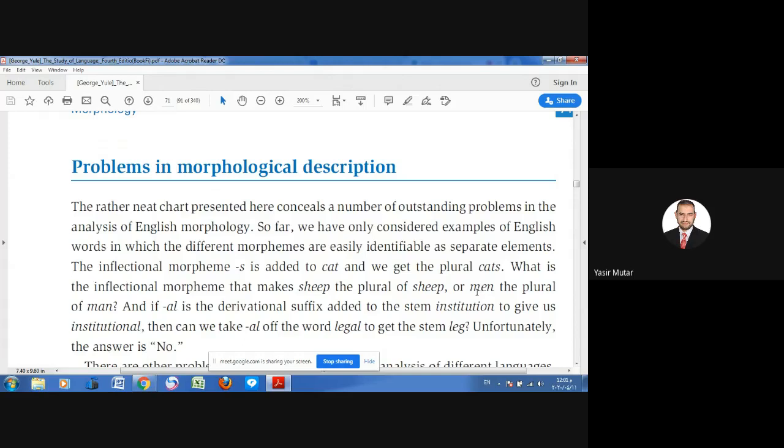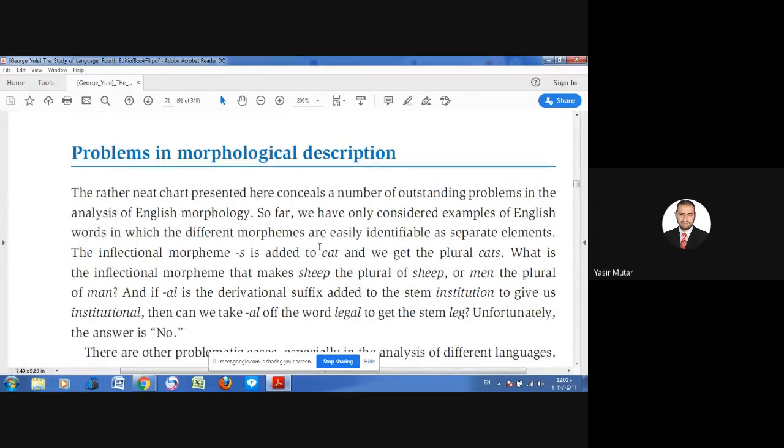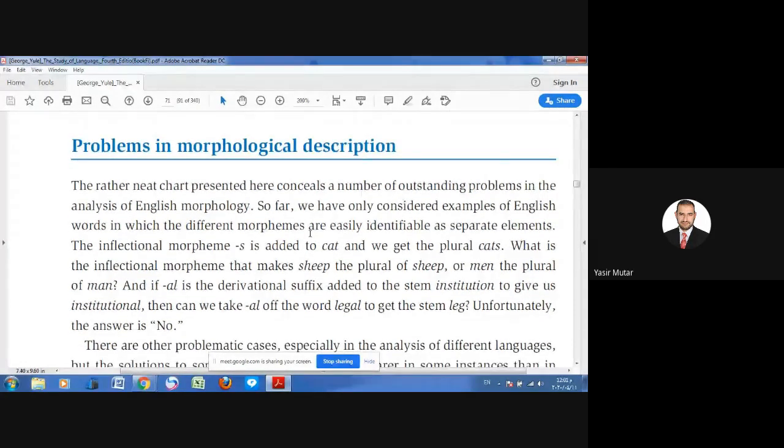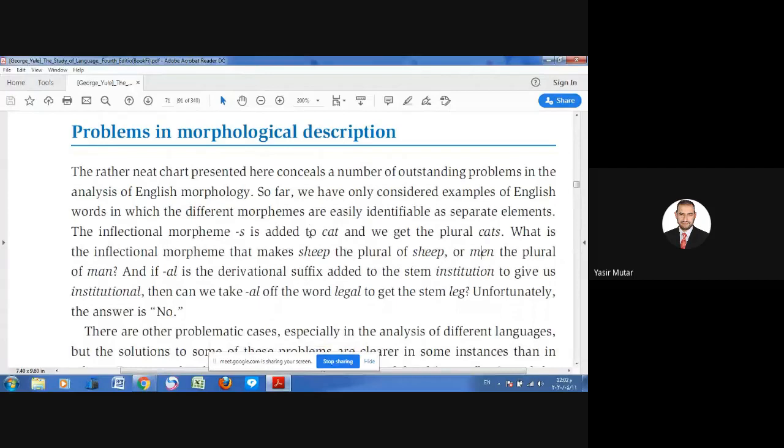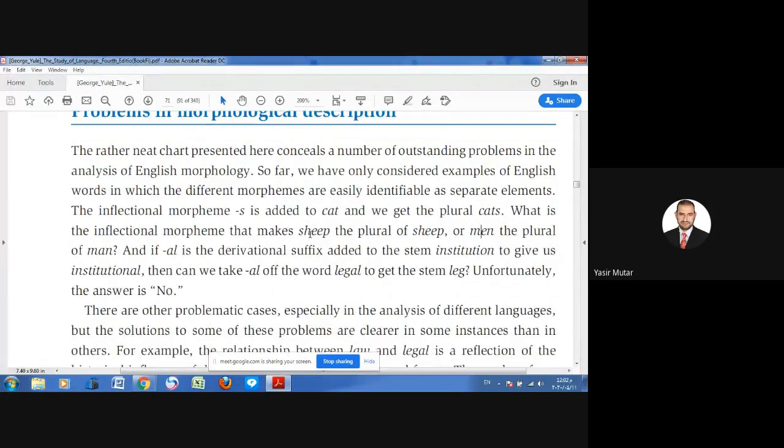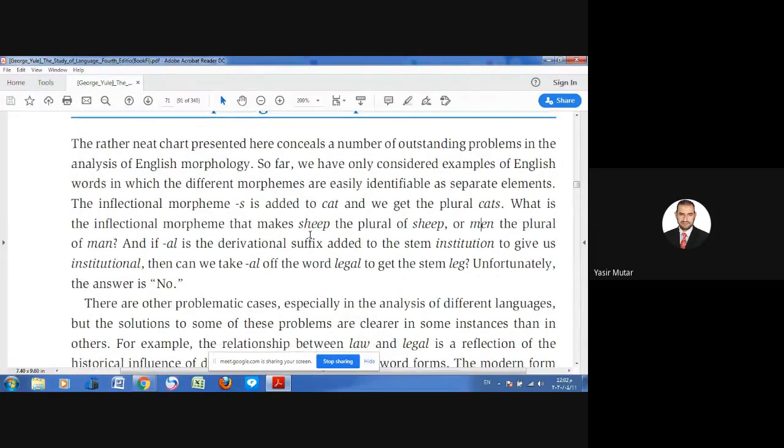So here we have a problem in the description, and the whole section is just to identify those problems. For example, we also have another example, the morpheme al.